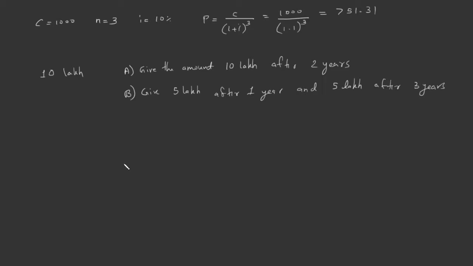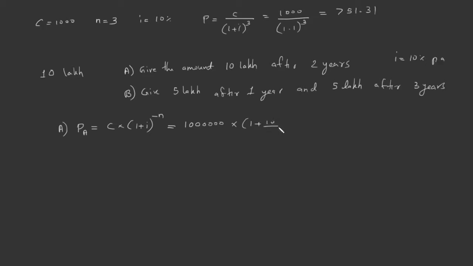The thing is very simple. You need to calculate the present value of both the cases. For option A, the present value, that is PA, is equal to C into (1 plus i) the whole raised to minus n. I know C is equal to 10 lakh, so that is 10 lakh into (1 plus i). Let's take i is equal to 10% per annum.